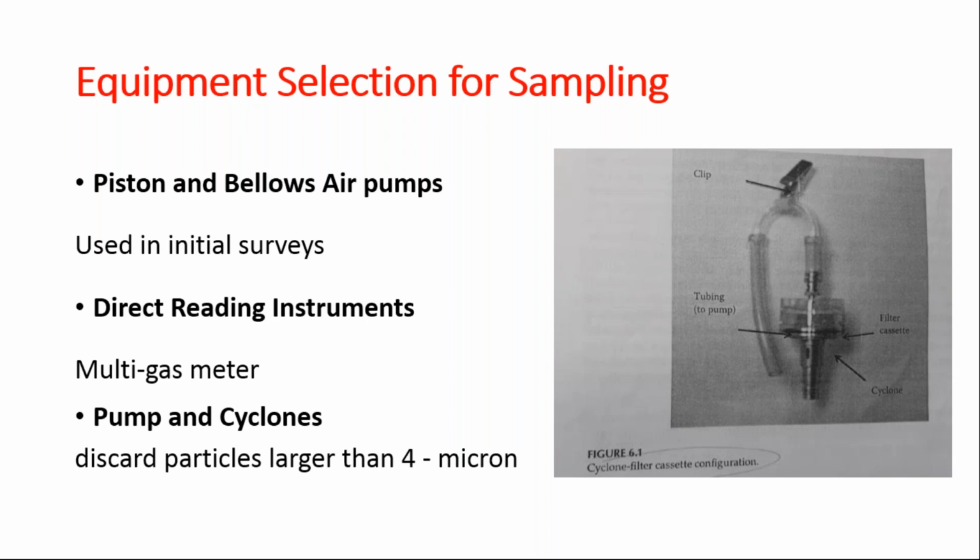For example, if we want to collect a sample of a particular range of particle, and we don't want particles greater than 4 microns, then we can use the cyclone. The cyclone will discard the particles whose size is greater than 4 microns.